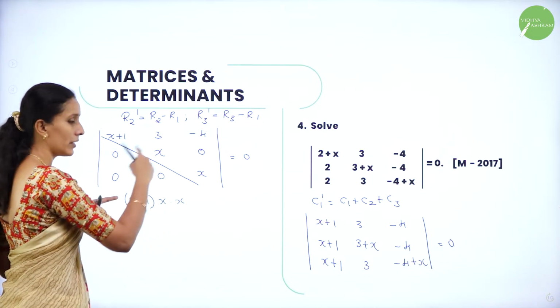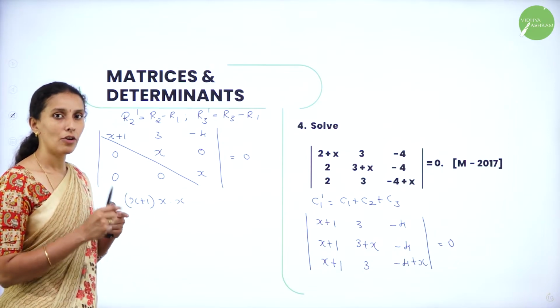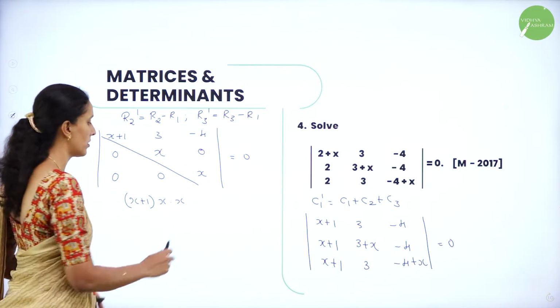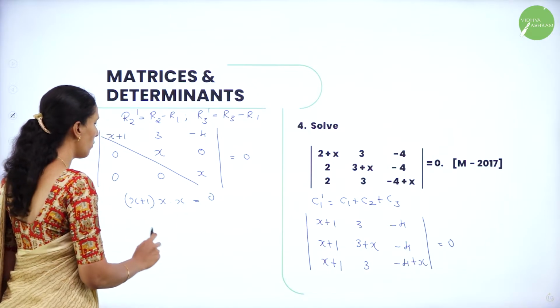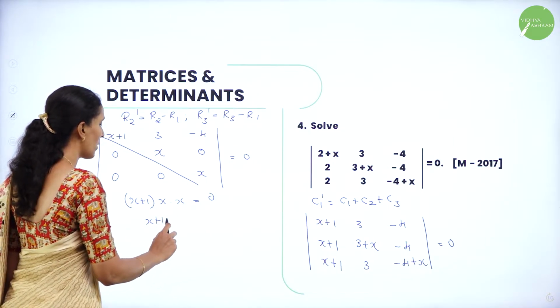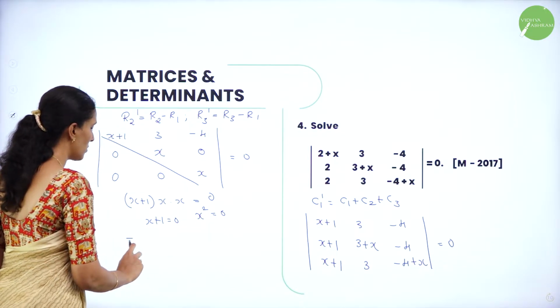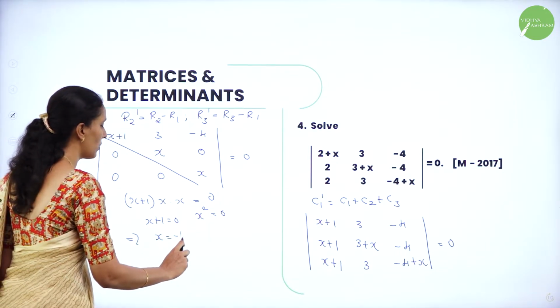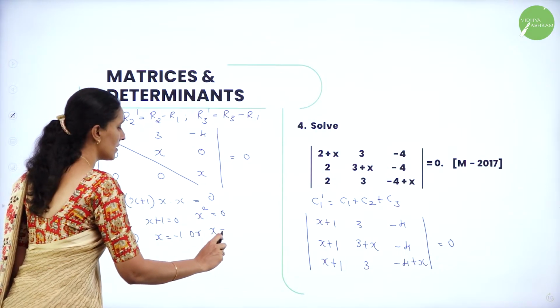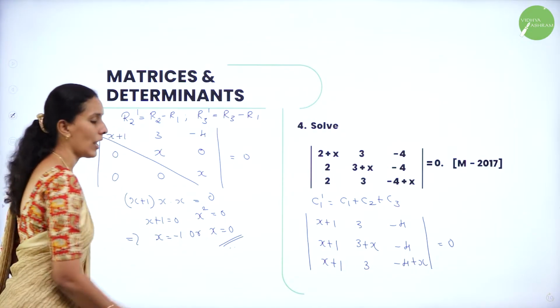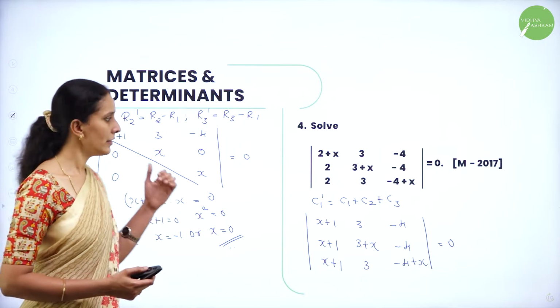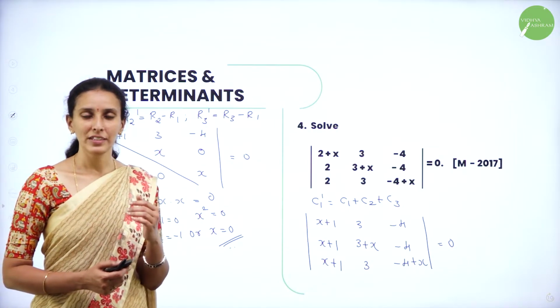So the value of the determinant is the product of the principal diagonal elements, which is equal to 0. So now we have x plus 1 is equal to 0, and x into x, that is x square, is equal to 0. This implies x is equal to minus 1 or x is equal to 0. So this is the value of x. Again, this comes under the 3 marks question category.